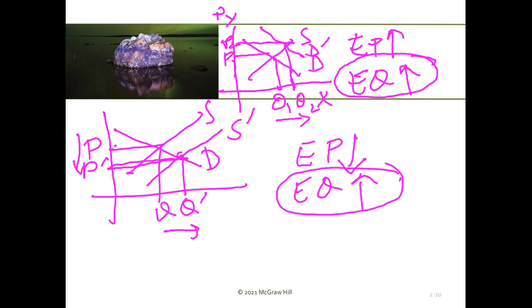So now I'm finalizing here. If demand shifts to the right, and this is how I write it, demand increases, and if supply also increases, that is, the supply curve shifts to the right, so both curves shift to the right simultaneously, then one conclusion is that equilibrium quantity will always increase.